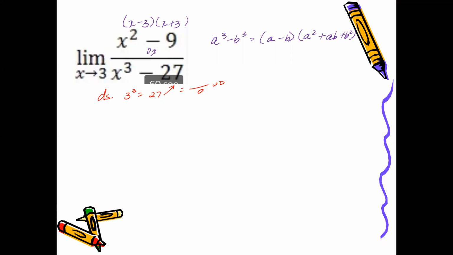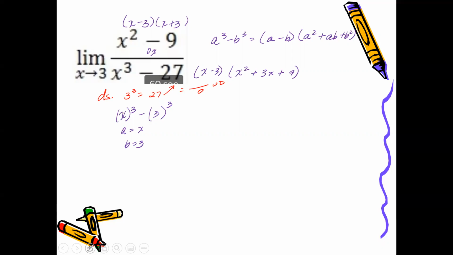Okay, so then looking at this right here, I can do x cubed minus 3 cubed. So you know that a equals x and b equals 3. If I rewrite this in the denominator, I will have a minus b, which will be an x minus 3 times a squared, which is x squared, plus a times b, so that's 3x, plus b squared, and that's 9.